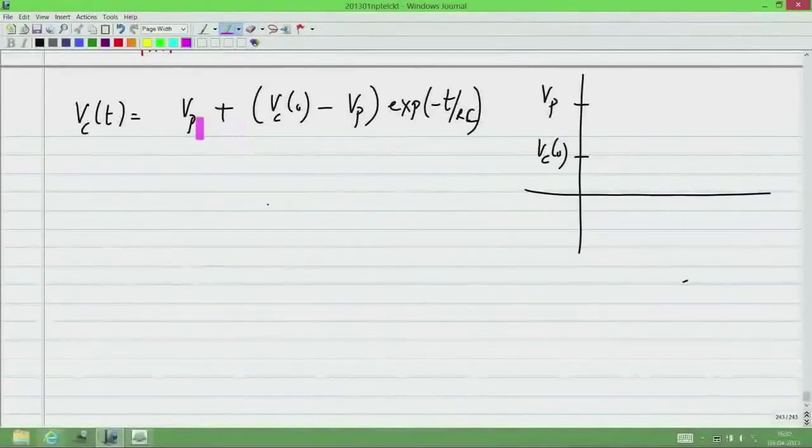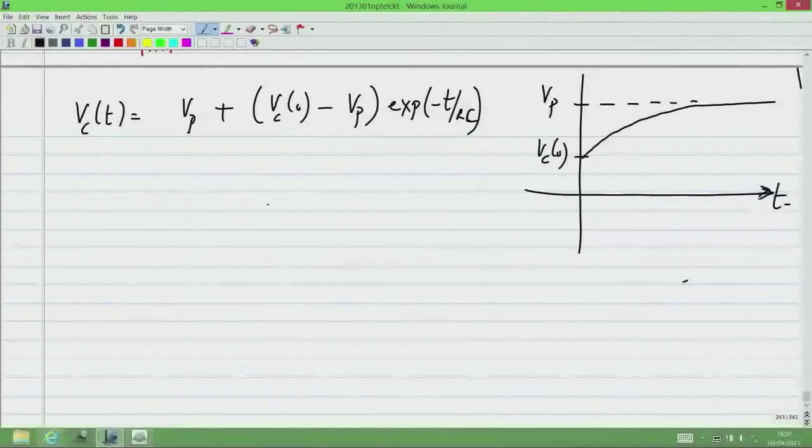Because at t equal to 0, we can see that this Vc of t will be Vc of 0, and at t equal to infinity, when the exponential has died out, it is equal to Vp. So the response goes as an exponential and finally reaches Vp.